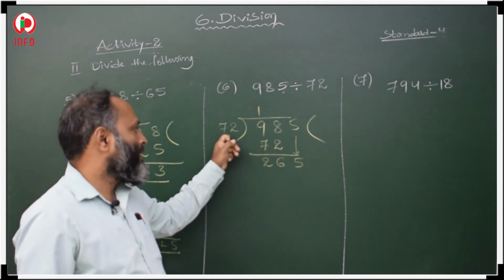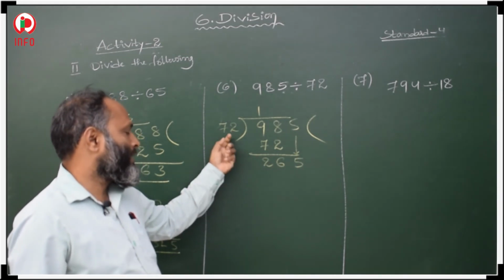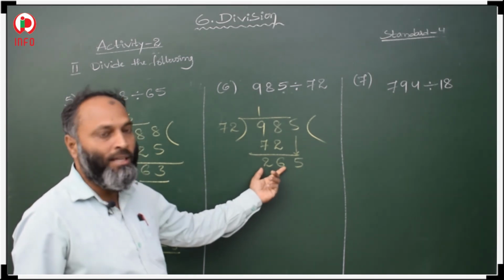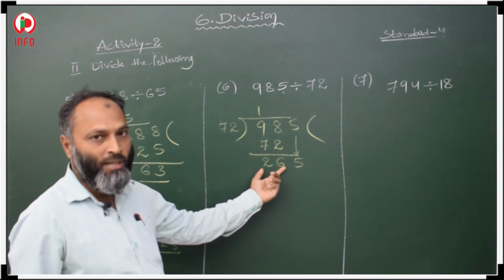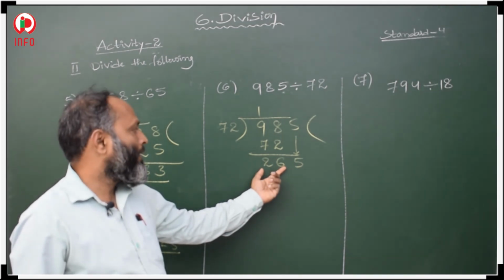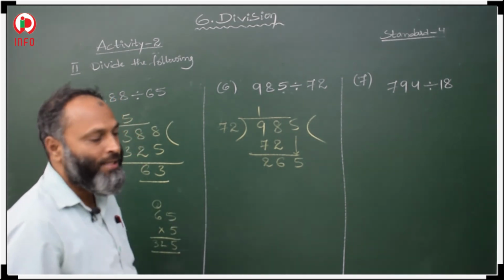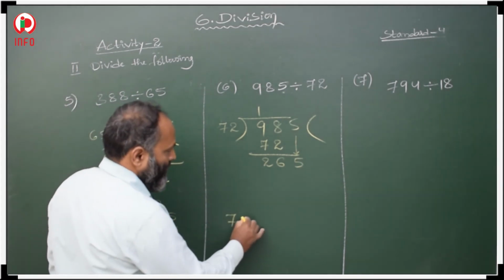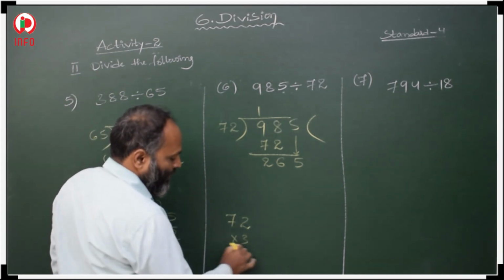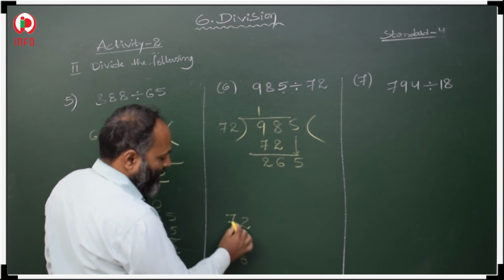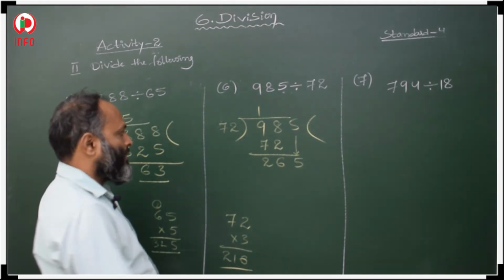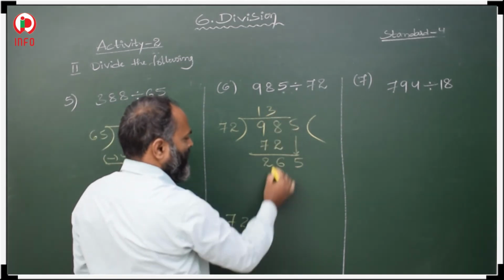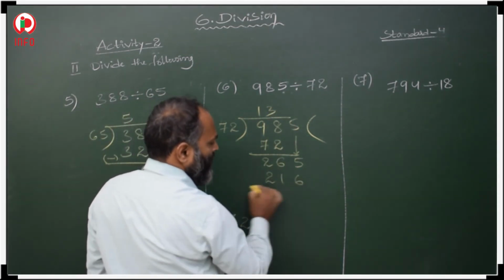Then in the 72 table when will you get 265? So check. In the 7 table, 26. 7 ones are 7, 7 twos are 14, 7 threes are 21, 7 fours are 28. 28 is greater. So 7 threes are. It means 72 threes are you have to check. 72 threes are: 3 twos are 6, 3 sevens are 21. 216.